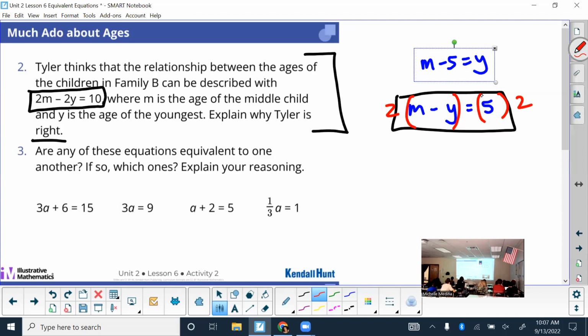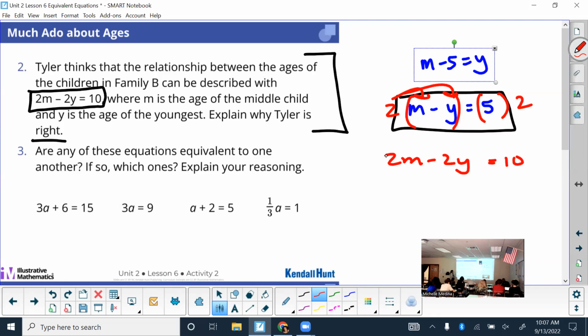You can do anything to both sides of the equal sign as long as you do it to both sides, it's equal. And then once you distribute that 2, is how you get the exact same thing that Tyler has. And then if I were to solve, maybe if I had more information, the M and the Y would be equal in both of them.